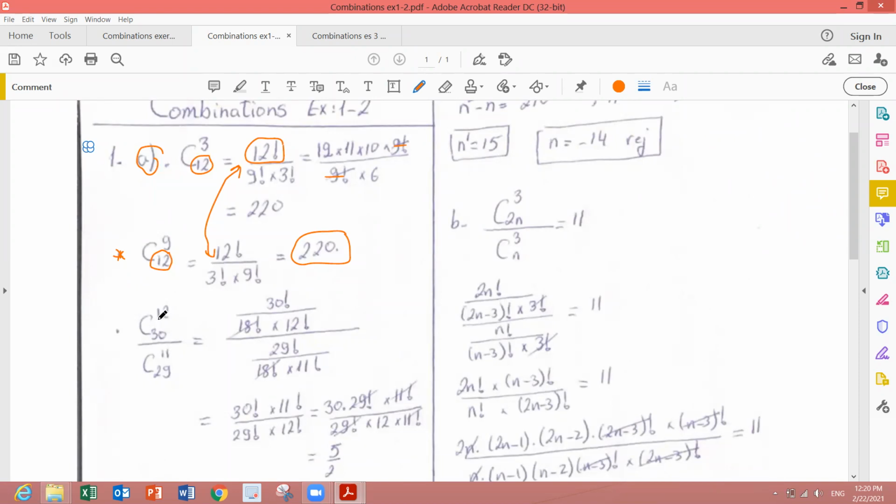Now, 30 choose 12 over 29 choose 11. First, I do the numerator. We get 30 factorial over 30 minus 12 is 18 factorial times 12 factorial. This is the numerator.